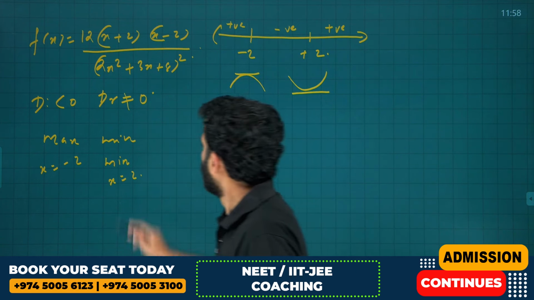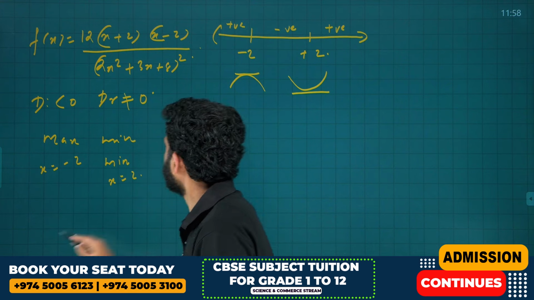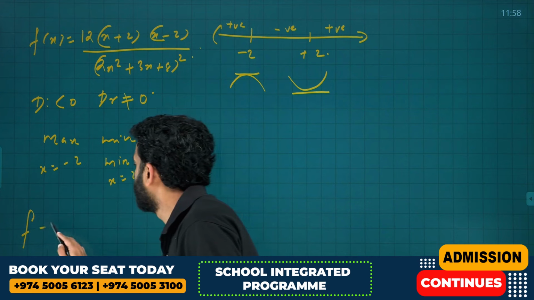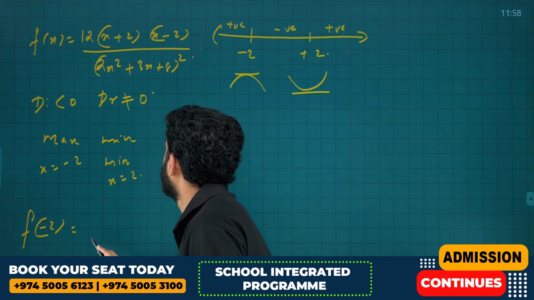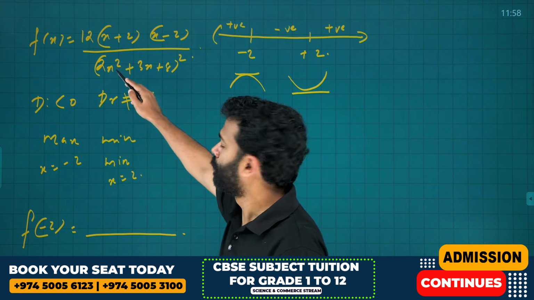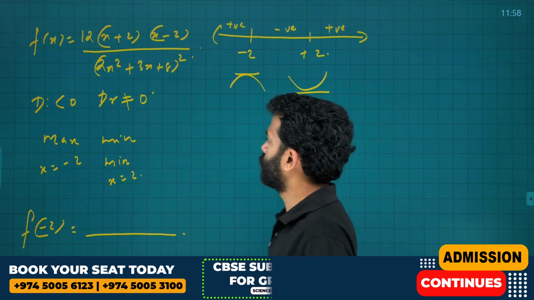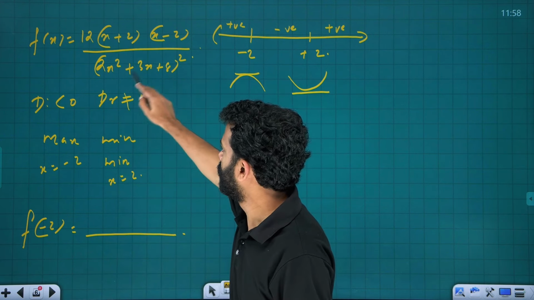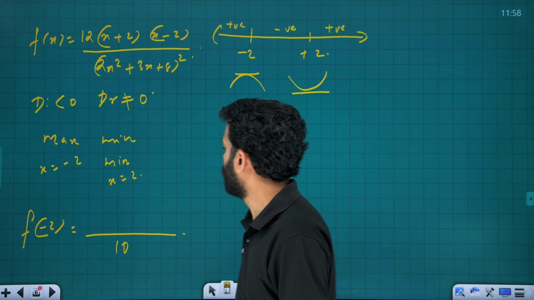Okay, that is, what is f of minus 2? The denominator was the same, right? We can operate it first, that is 2 into minus 2 whole square. What is 2 into minus 2 whole square? 4 and 8. 8 plus 8 is what? 16. 16 minus 6 is what? 10. Okay.